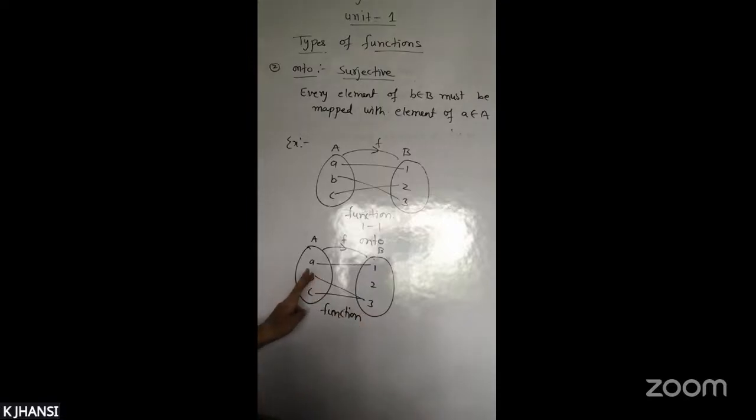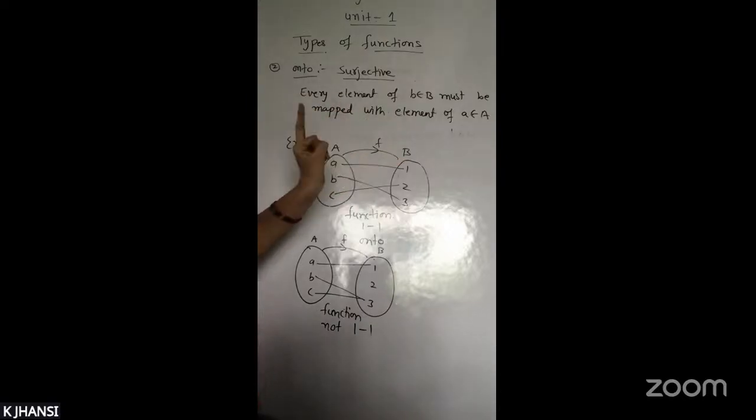But it is not a one-to-one function. Why? Because B and C both have only one single element. Each element should have only one image. That is the condition for a one-to-one function. So this is not one-to-one. And even it is not an onto function. Why? Because onto function, what is the definition we have?